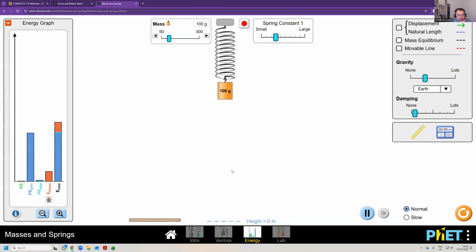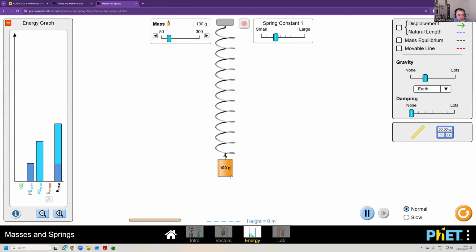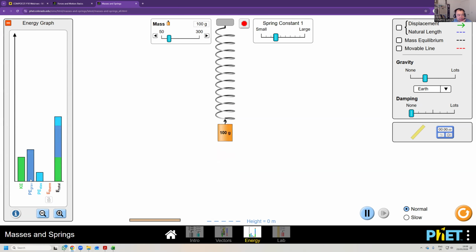And as I release, let's do no friction. So you can see that it's always a combination of the three: kinetic energy, gravitational potential energy, and elastic energy.